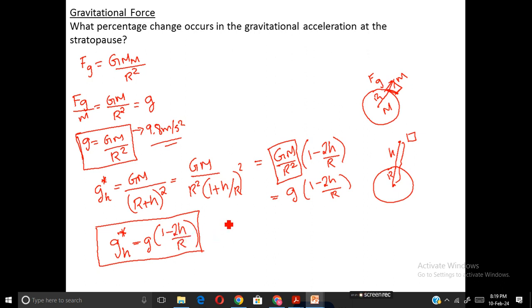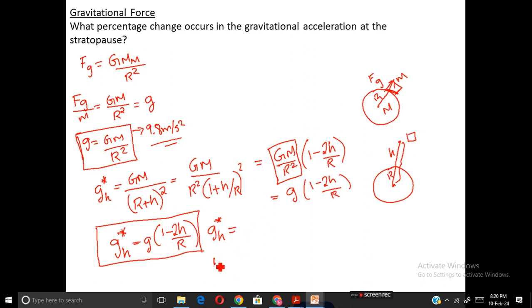So now let us calculate the acceleration due to gravity at the stratopause. What height is the stratopause, do you remember? The stratopause is the boundary at about 47 kilometers.